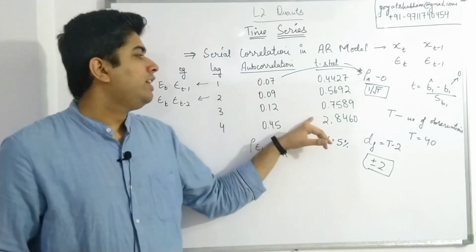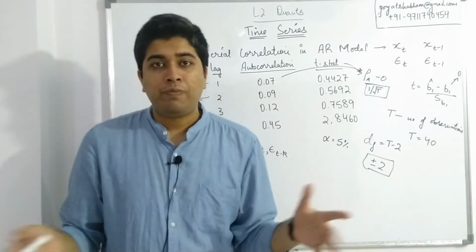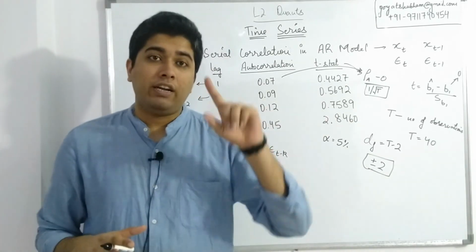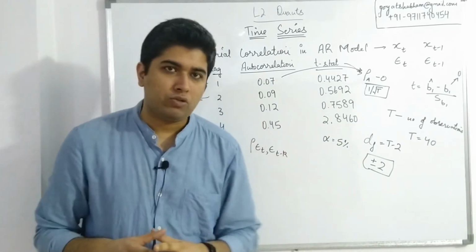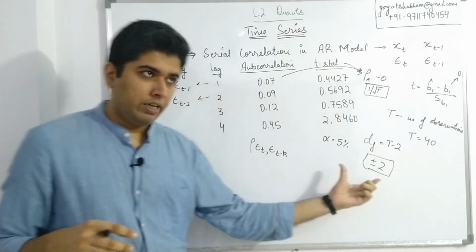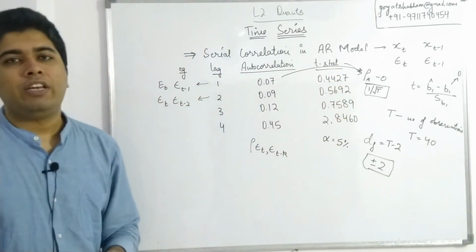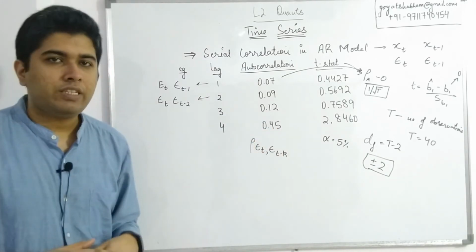But if my t-stat ends up falling beyond this range of plus minus 2, that would raise a red flag that my autocorrelation is statistically significant. So all we have to do now is use this range to check if any of the 4 t-stat values prove that my correlation is statistically significant.